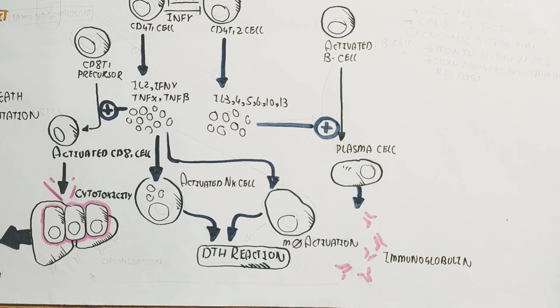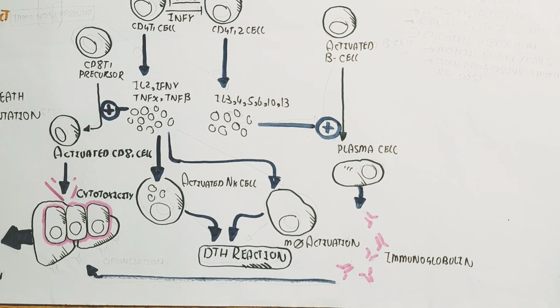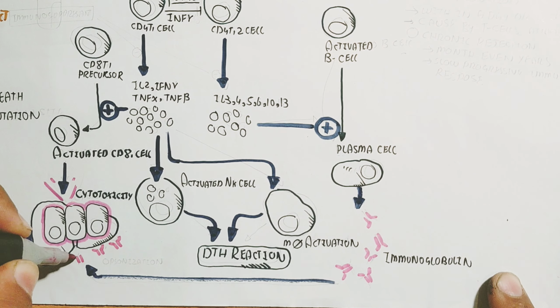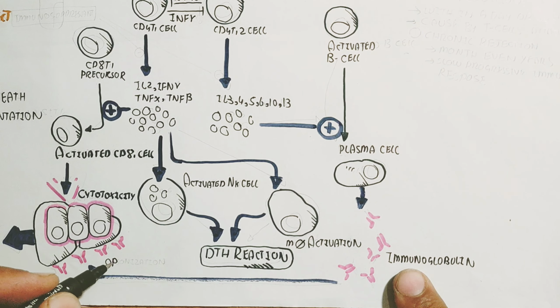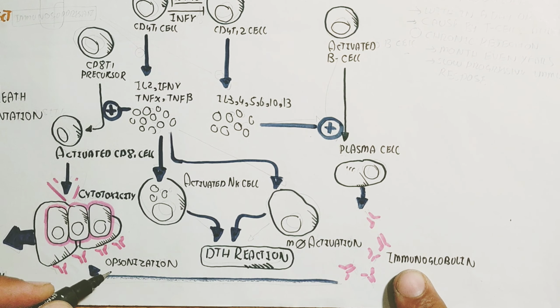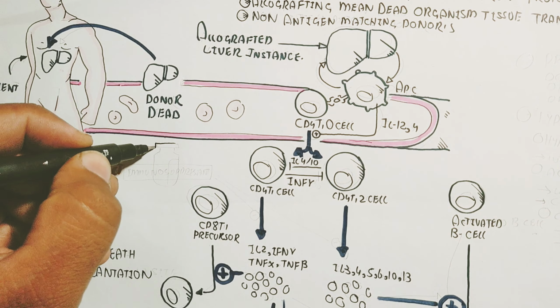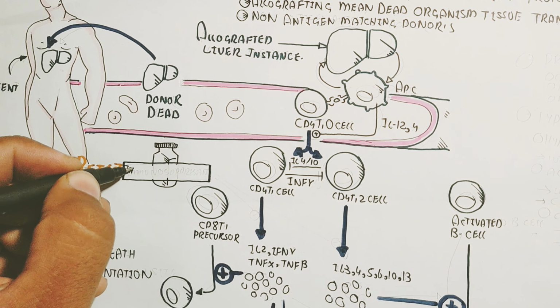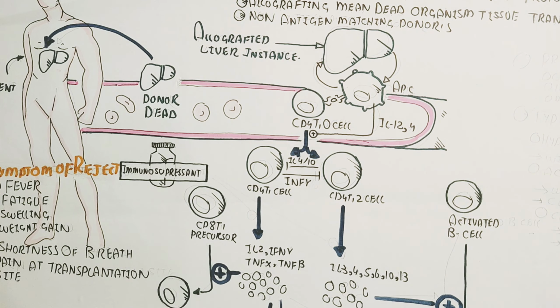The immunoglobulin leads to opsonization and attack on the allografted tissue, and again cell death occurs. The B memory cell also inhibits the maintenance of the allografted liver.